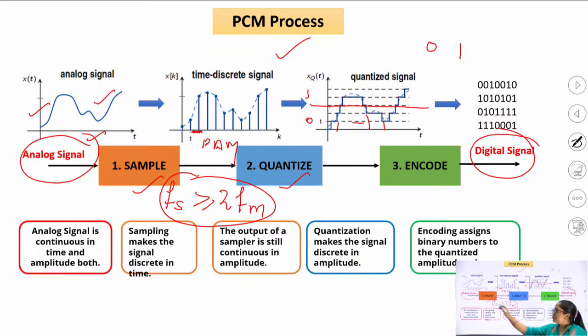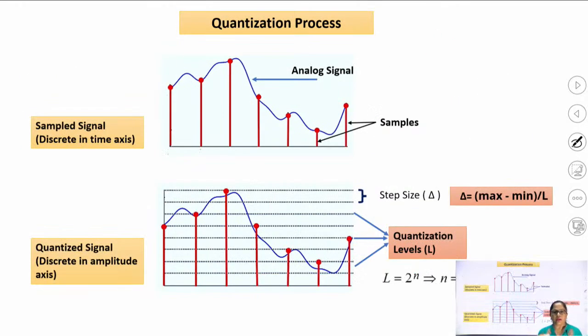So this is about the sampling. Now what is quantization? How can we perform this quantization? Let us understand in detail how we can perform the quantization. So first, here this blue line indicates our analog or continuous signal. First, we have discretized this continuous signal in the time axis with the help of sampling.